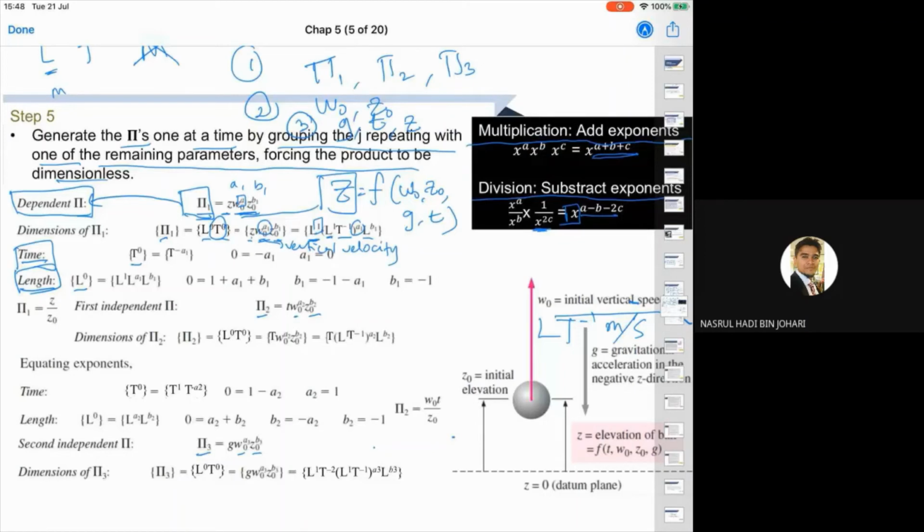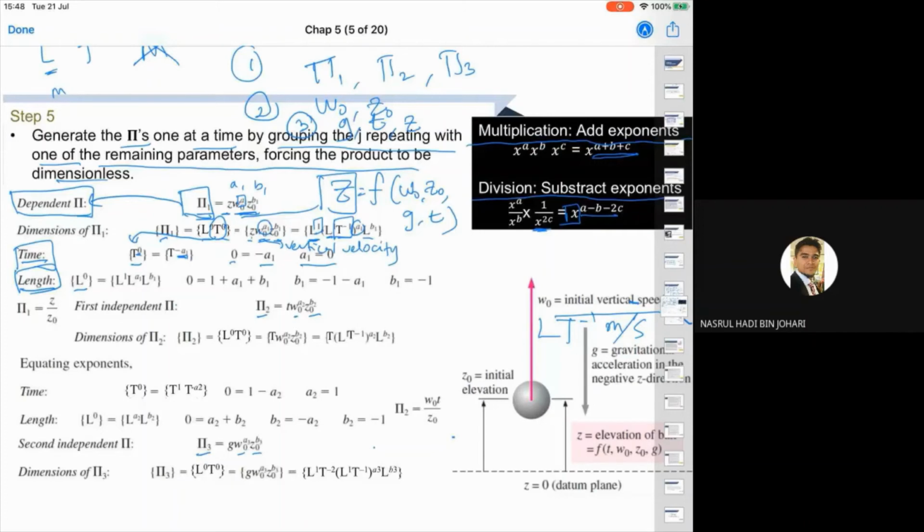So you write down again T to the power of 0 equal to... where is T in this case? Only in this one. So T to the power of minus A1. Whenever you do the exponent analysis, 0 and minus A1, so 0 equals minus A1, that means A1 equals 0.